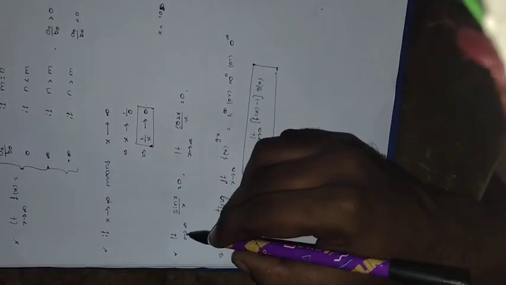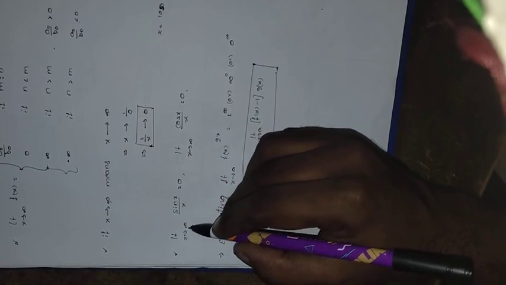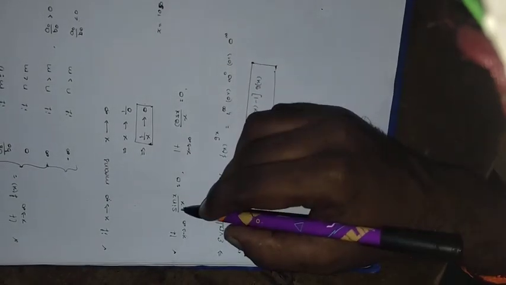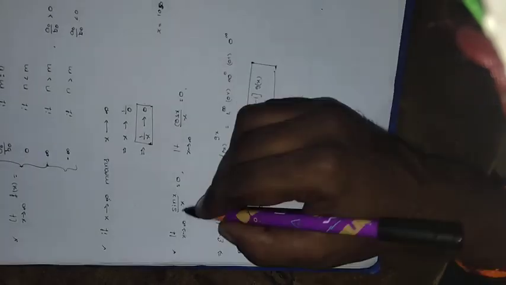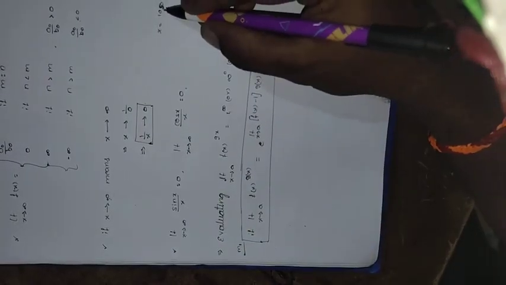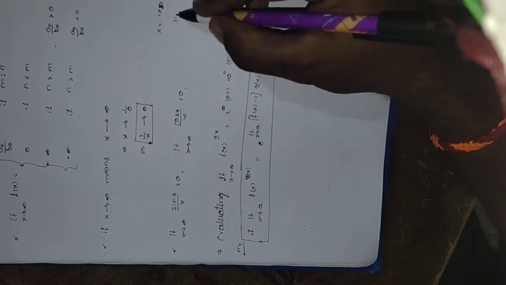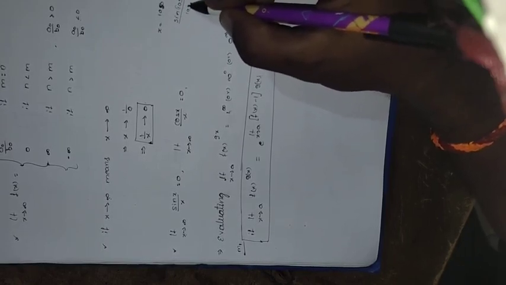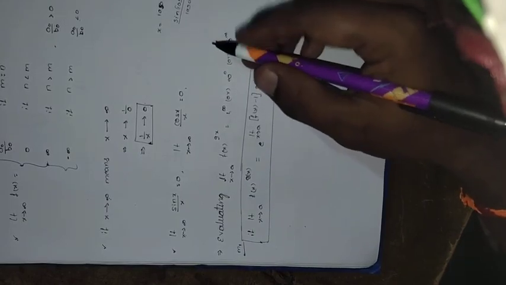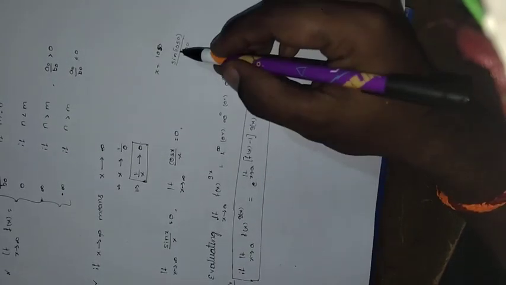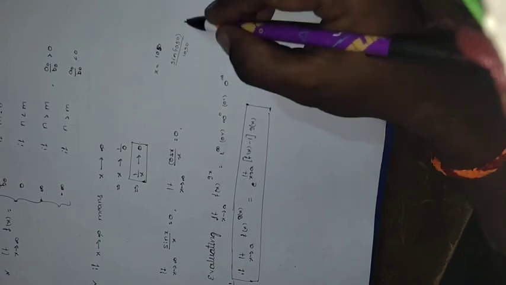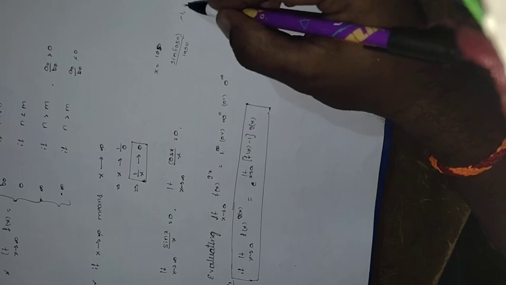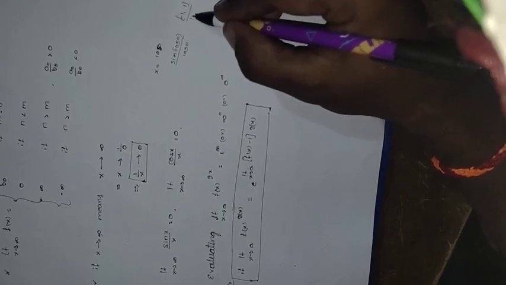What will happen here? x tends to infinity means a very large value. For example, x equal to 1050 gives sin 1050 by 1050. We already know the sin values always lie between -1 and +1. So this is -1 to +1 by 1050.